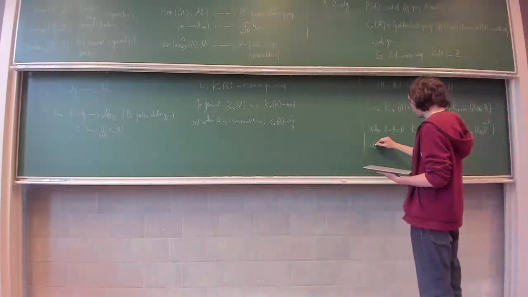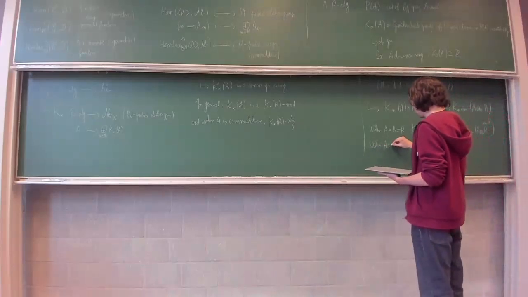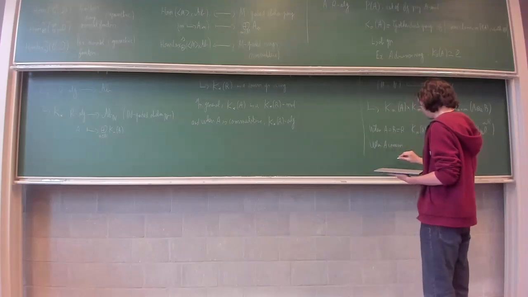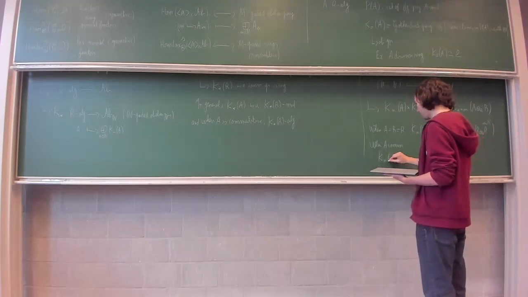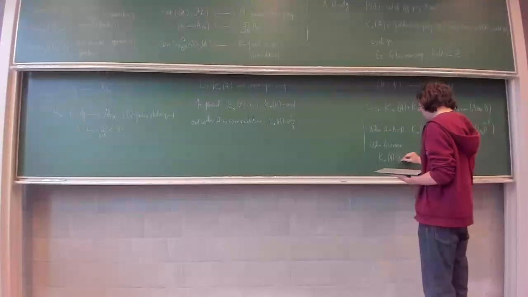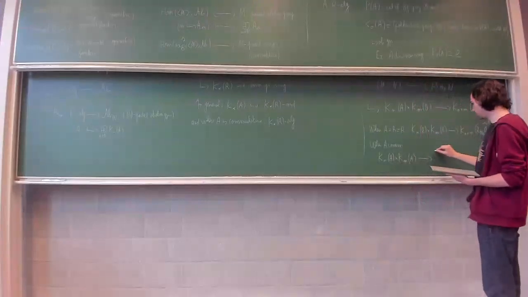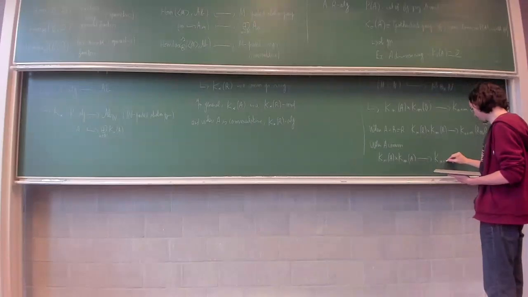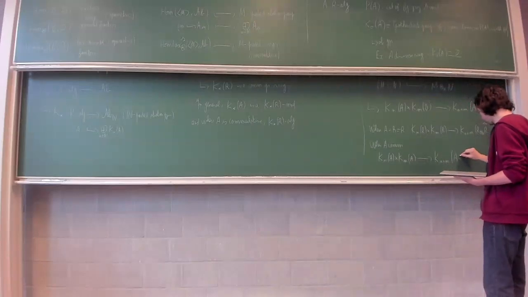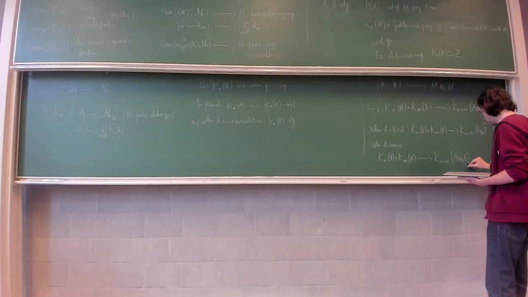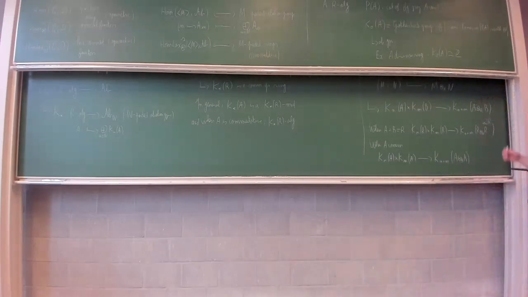And what happens when A is commutative? Well, we get K_n of A, you go to something like this.